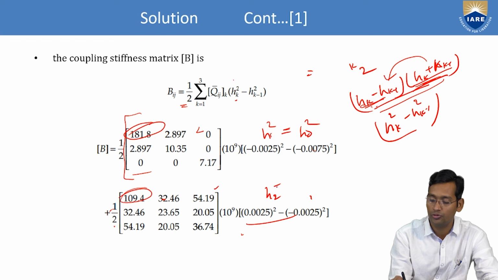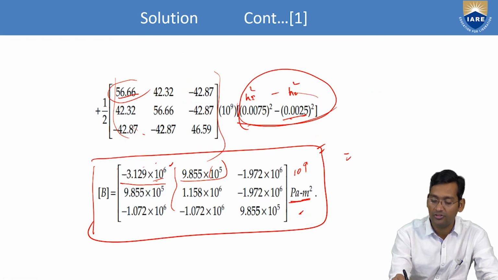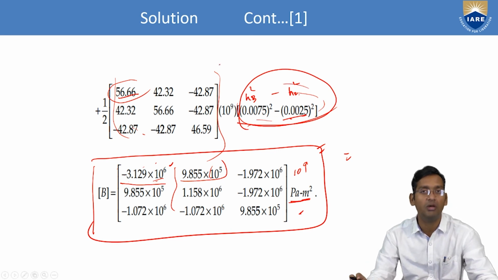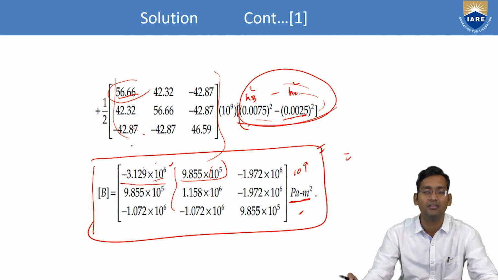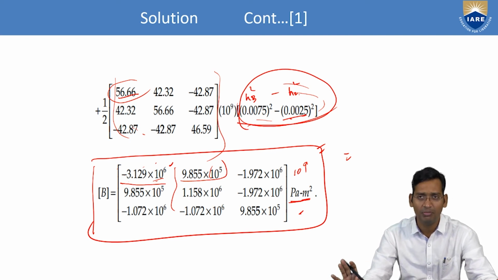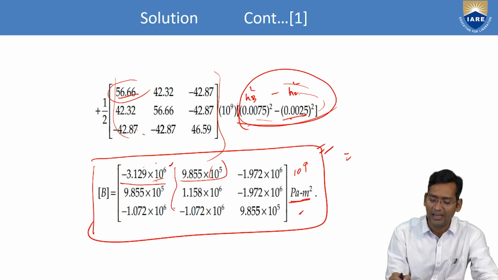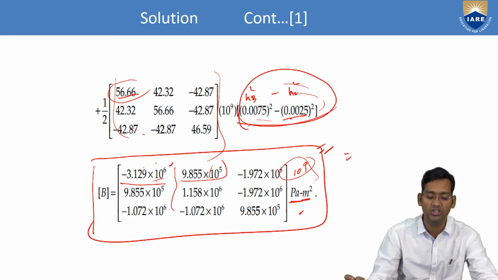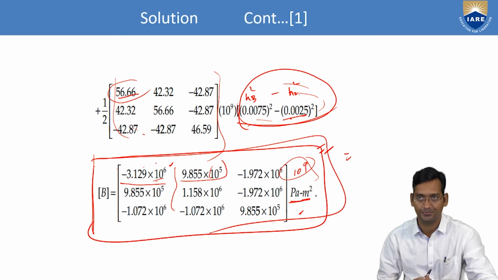This will be h2 square minus h1 square, and this will be h3 square minus h2 square. Now simplify all this, multiply to that reduced matrix, and then add by addition of matrices. Finally, you can multiply with 10 to the power 9 inside each term. Then you will get this as the coupling matrix B.